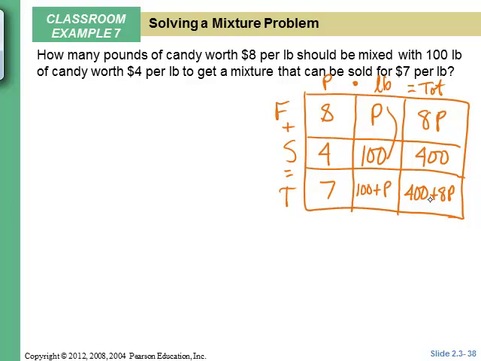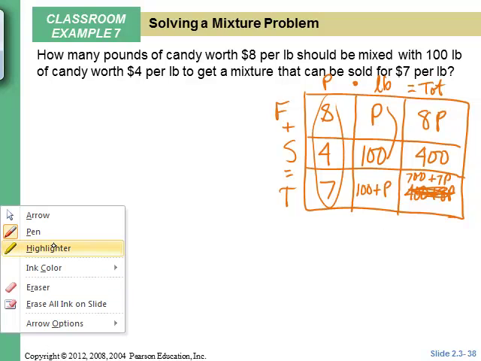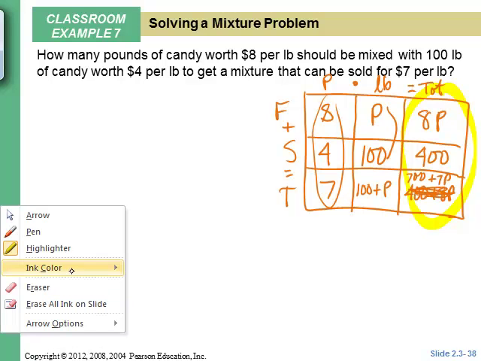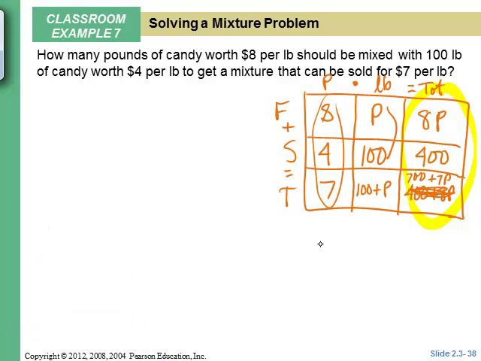No, let's do it by multiplication instead. 700 plus 7P. Okay? This column we can't add. This column we already did add, so we're left with this last column. Let's solve it and see what we get.